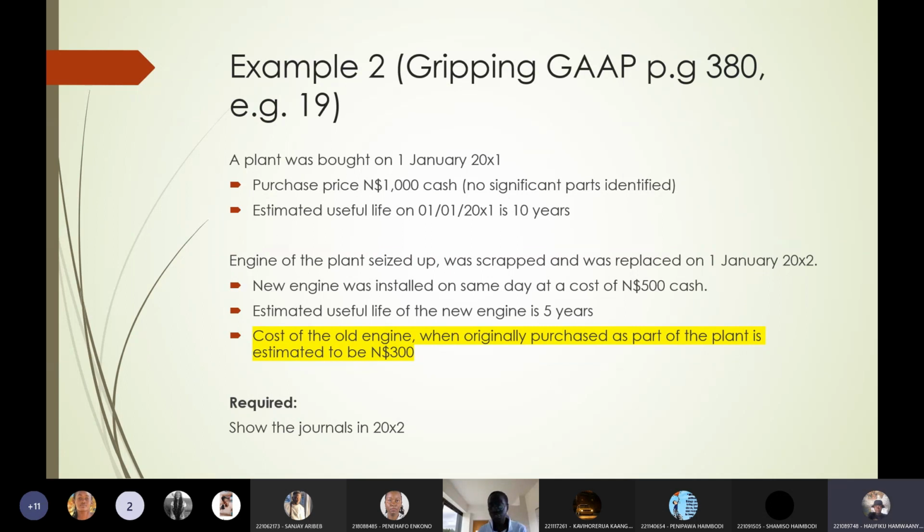Yesterday we didn't finish with that. We prepared most of the journals for 20X2, but we didn't finish with the last journal for 20X2, which was the depreciation journal. So these are the journals that we needed to account for.